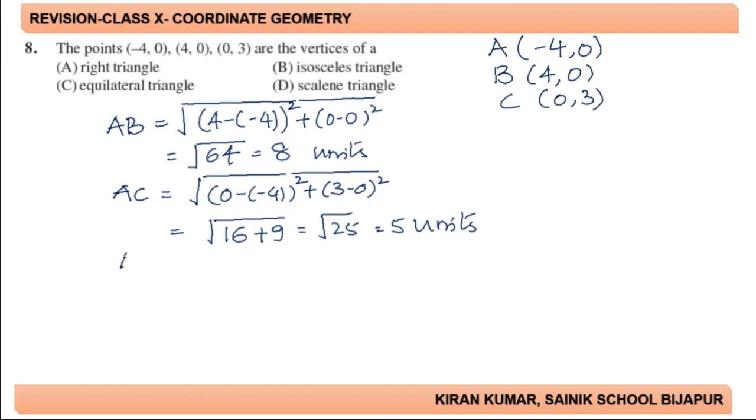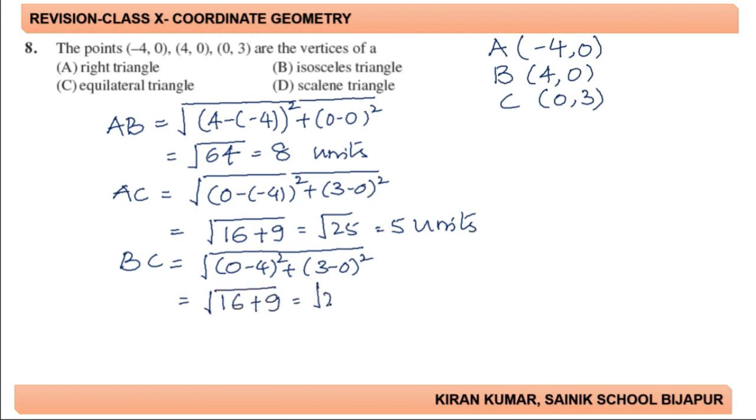Let me find the length of BC. BC will be under root of 0 minus 4 whole square plus 3 minus 0 whole square. It is root of 16 plus 9. Once again we have got root 25, which is 5 units.